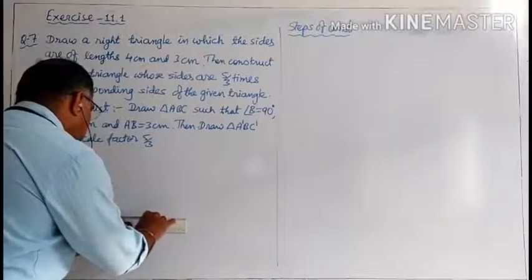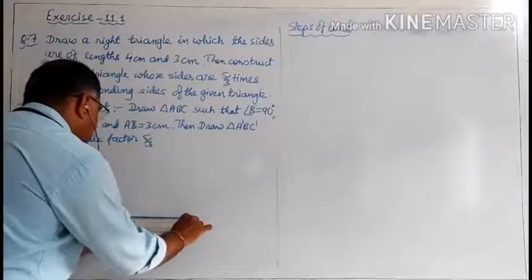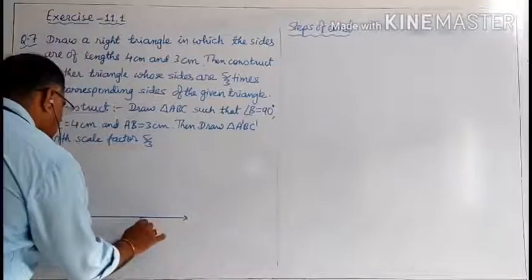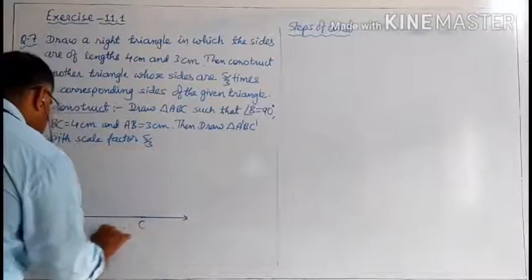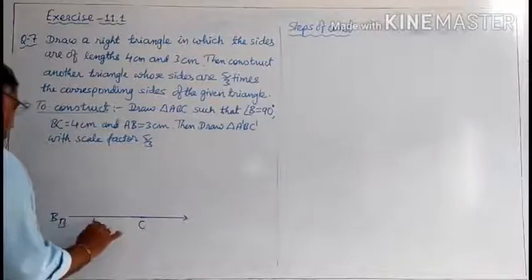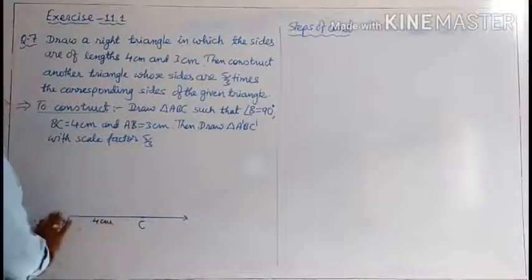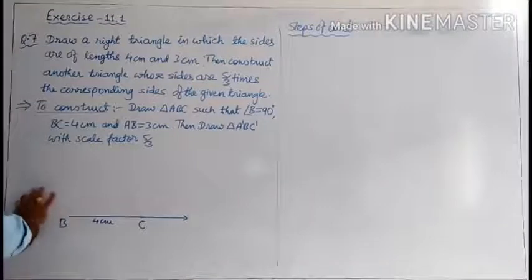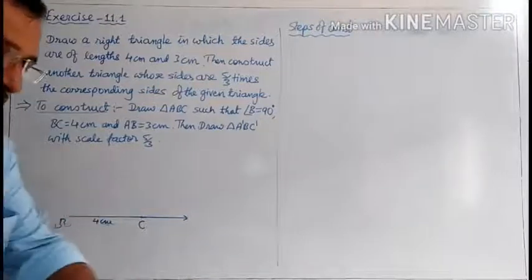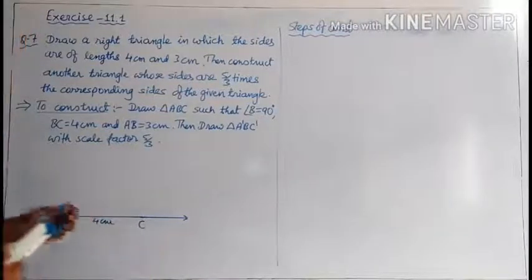So the triangle we are going to construct will be a larger one. So here C and here B, and that is 4 centimeter. Now at B we will construct 90 degree. So let us construct 90 degree at B.